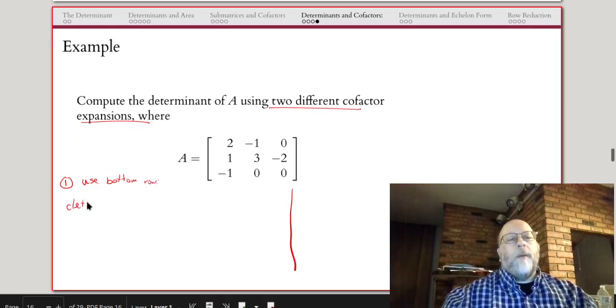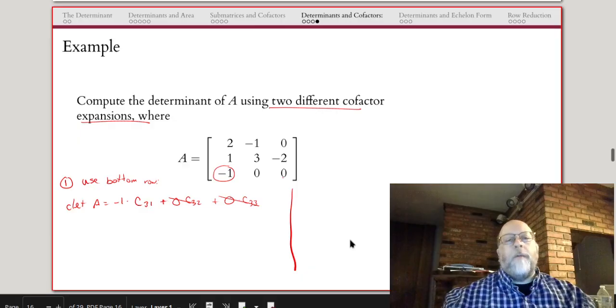If we use the bottom row, the determinant of A is -1 times the cofactor in this position, which is 3, 1, plus 0 times the cofactor in the 3, 2 position, plus 0 times the cofactor in the 3, 3 position. But I don't care about those because they're getting multiplied by 0.